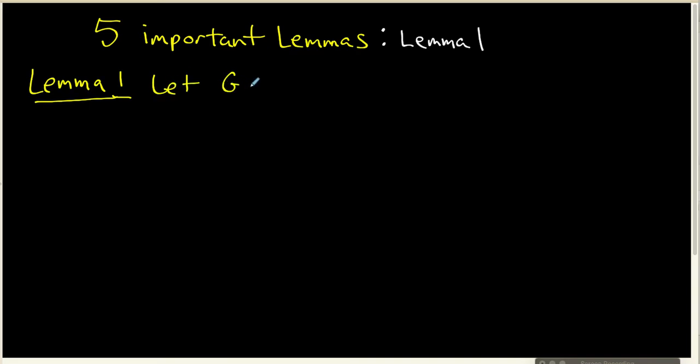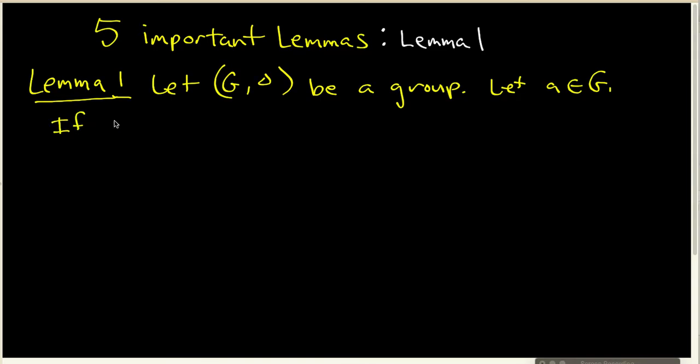Let's let G triangle be a group, and we're going to let A be an element in G. The lemma says that if A triangled with A is equal to A, then it turns out that A is actually the right identity for the group. In other words, it's equal to ER, where ER is the right identity from axiom 3 of the group axioms.